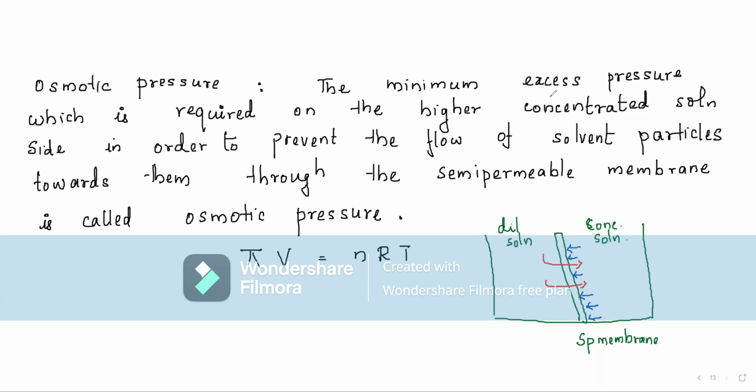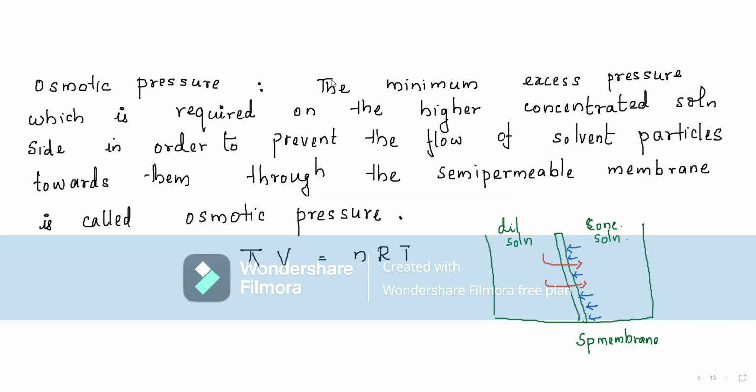Such pressure is called osmotic pressure. The minimum excess pressure which is required on the higher concentrated solution side in order to prevent the flow of solvent particles towards the concentrated solution through the semi-permeable membrane is called osmotic pressure.